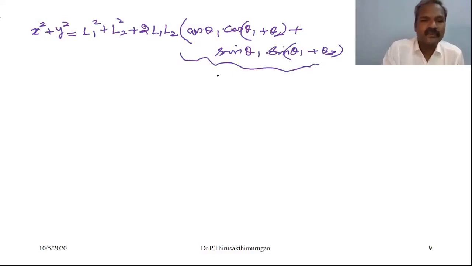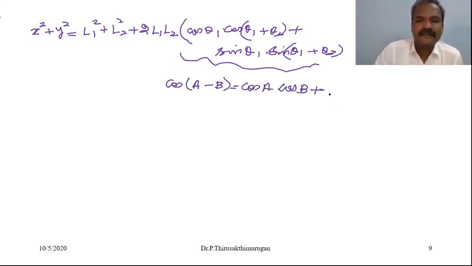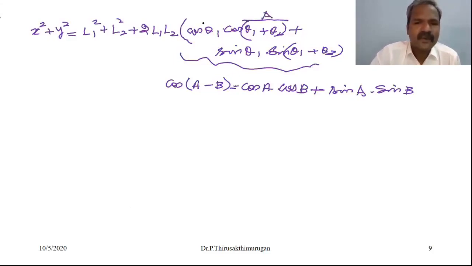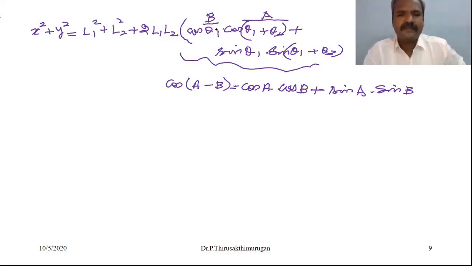You remember this relation, cos of A minus B equal to cos A into cos B plus sin A into sin B. This is the trigonometric solution of cos of A minus B. Here, you can consider theta 1 as A and theta 1 plus theta 2 as B, because of subtraction.